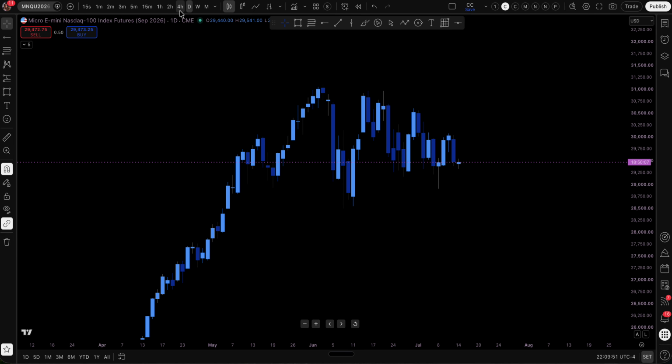Right now, I'm on the daily. Every candle is equal to a day. While we are on Monday, July 13th, this candle has already started printing out for the 14th. It starts printing out at 1800 Eastern time. Even though we're still technically on Monday, because the market closes around 4:14, 4:16 p.m. Eastern time, it gives about a one hour break and then starts up again around 1800.